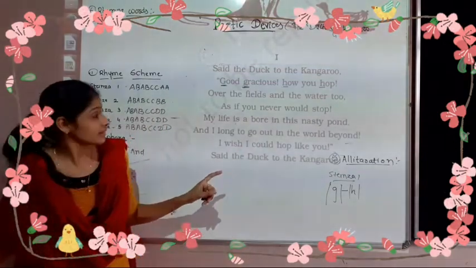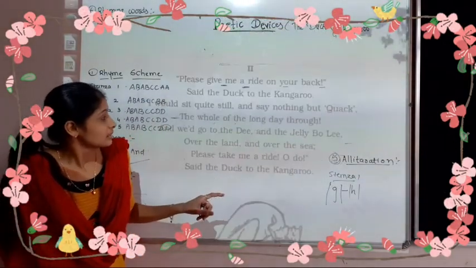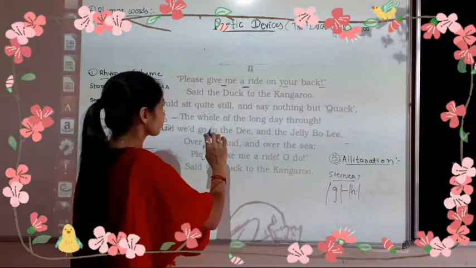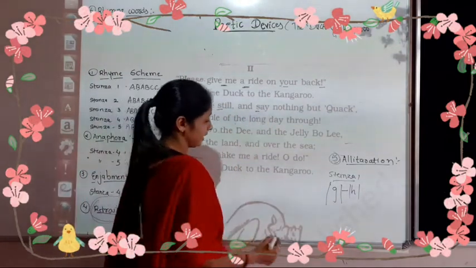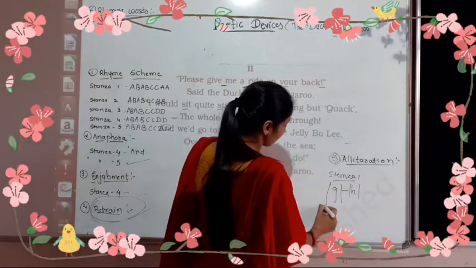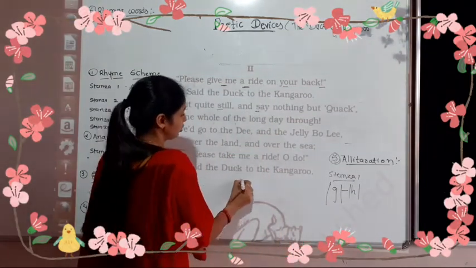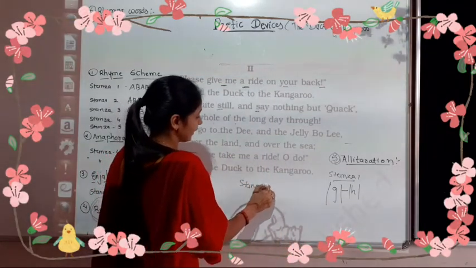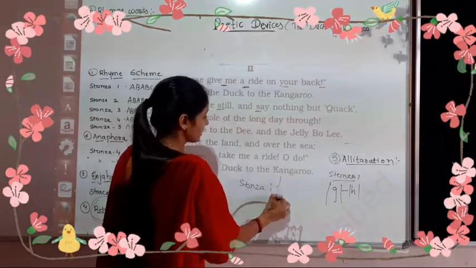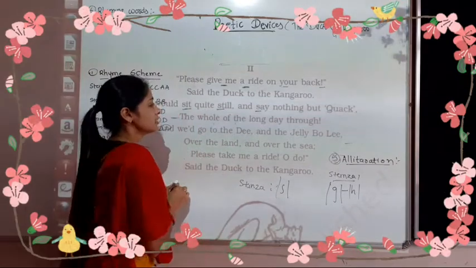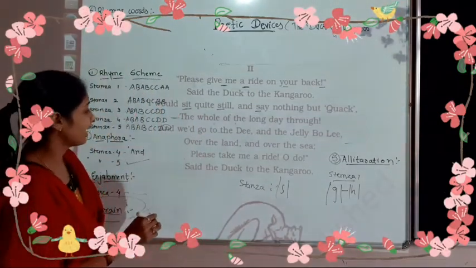See the next stanza. Stanza number 2: still, sit still. Which sound is repeated? You will write these words sit, still and say. So S sound is repeated here. Students, sing, you can find it yourself.